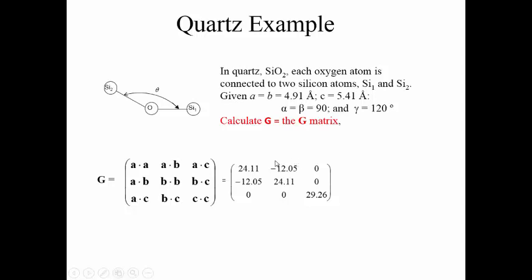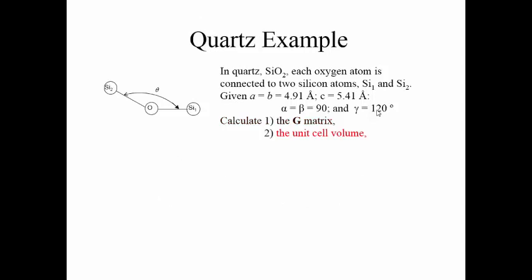You can see that this number here, you're taking minus a half of it, and that comes from the cosine of gamma equal to minus a half. So there you have the G matrix, and the units are angstrom squared.